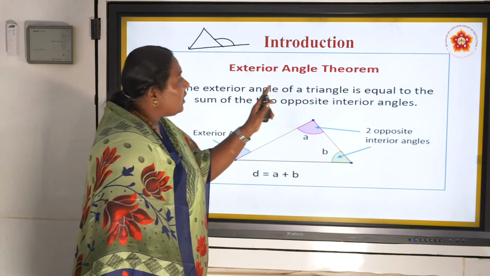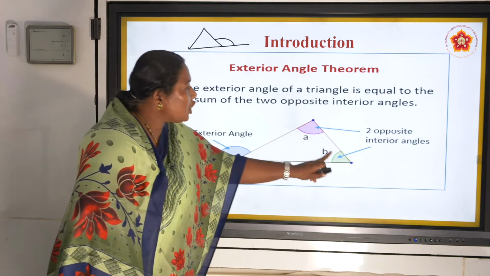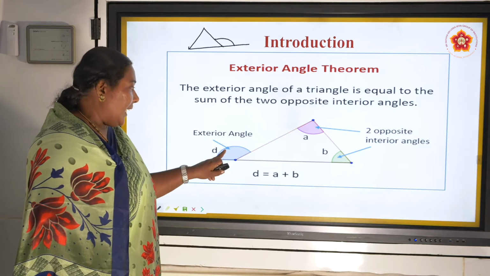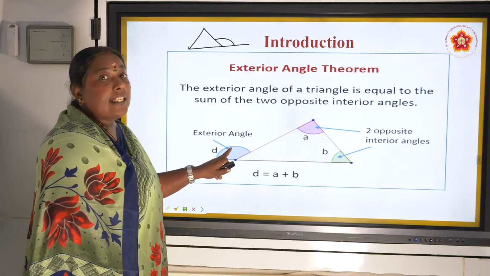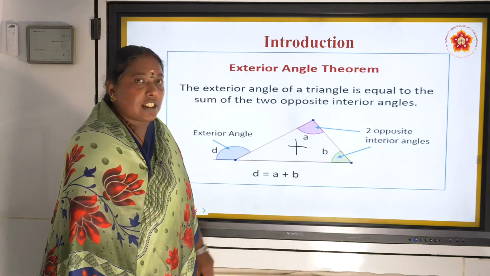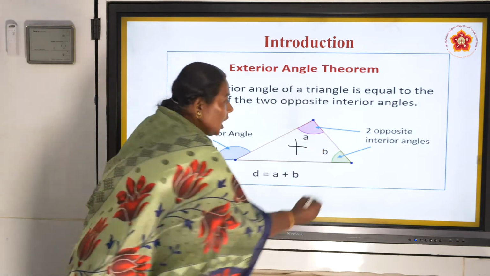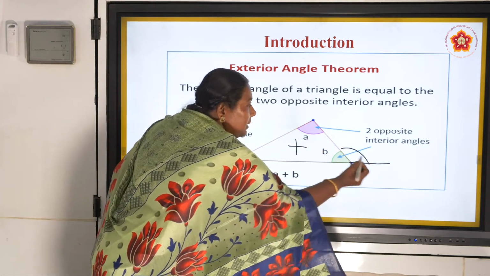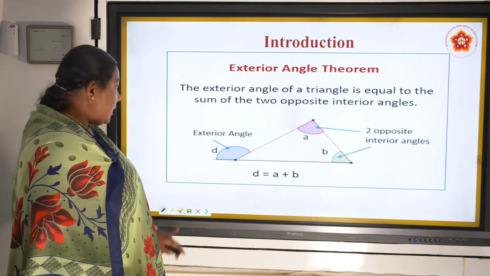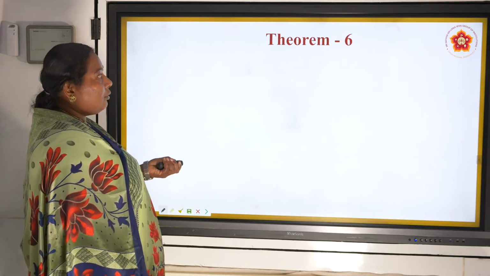The exterior angle of a triangle is equal to the sum of the two opposite interior angles. Okay, if this is the exterior angle, the opposite two are here. Keep that in mind. We are going to use it in our theorems and problems.